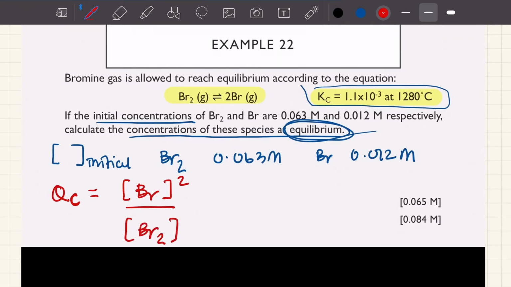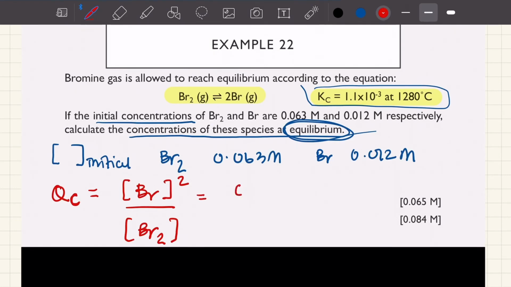Because kalau dia bagi tahu Kc and dia bagi tahu initial concentrations, then you should check the Qc to see whether your reaction is going forward, is starting from bromine to Br atau Br2. Okay, so find that first.